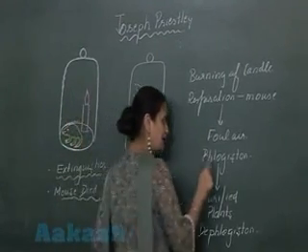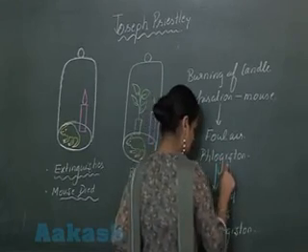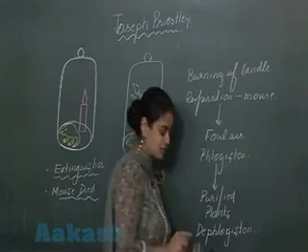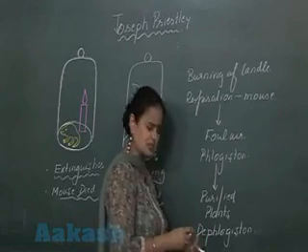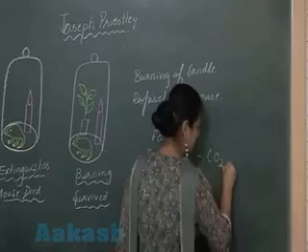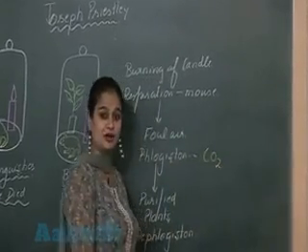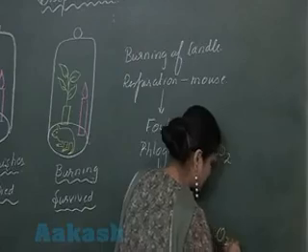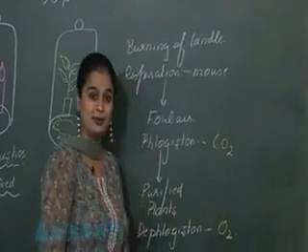So what did he call the foul air? Phlogiston. And what did he call the purified air? Dephlogiston. And actually what is this phlogiston? This is the carbon dioxide which is released through the respiratory activity of the mouse, and dephlogiston is oxygen which is produced by the plants.